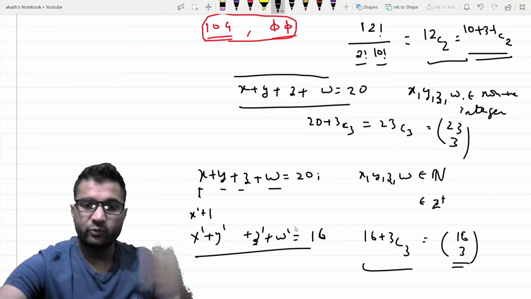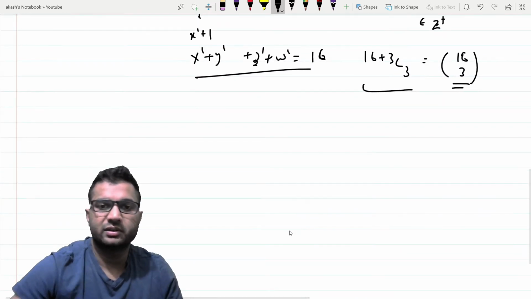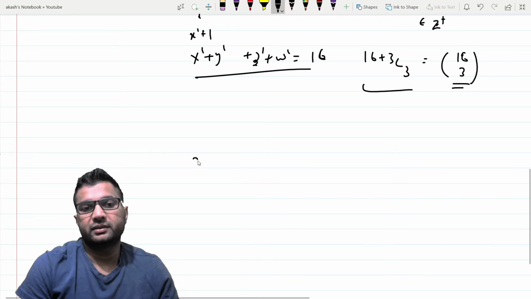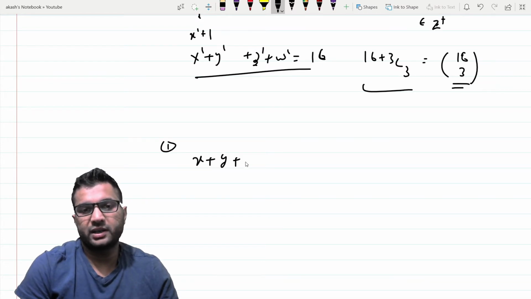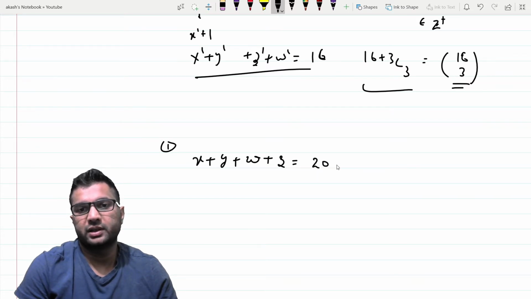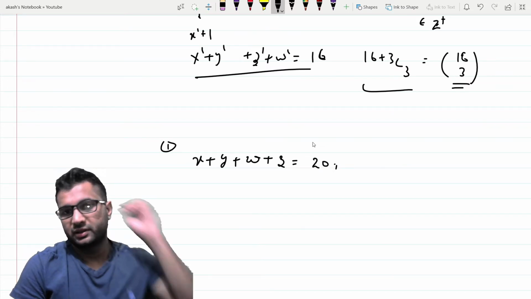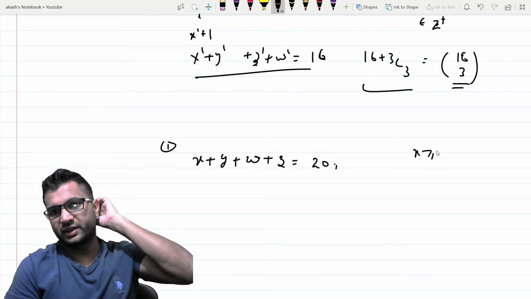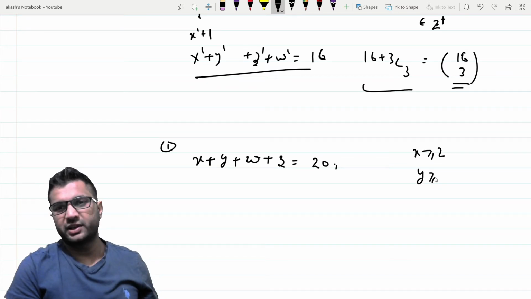Now add more constraints, some inequations. Here is a very interesting problem: x plus y plus w plus z is equal to 20, and my constraint is that x is always greater than 2, y is greater than 3, and w and z are both greater than or equal to 1.